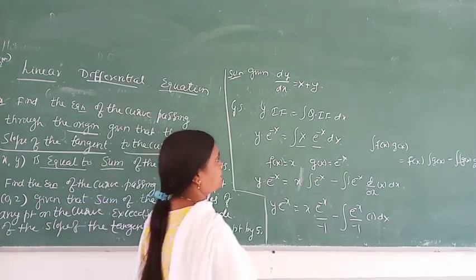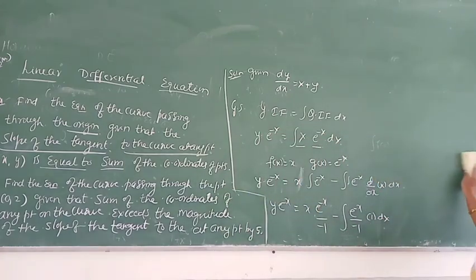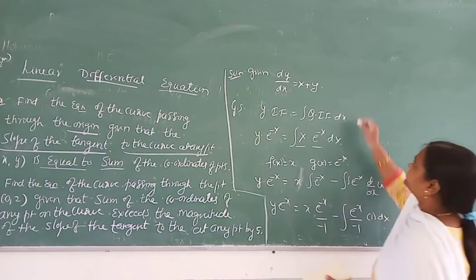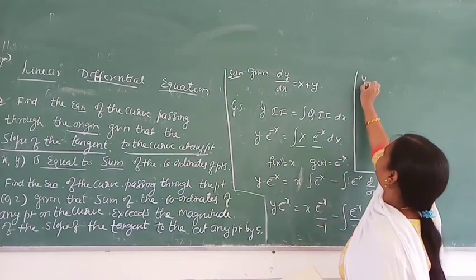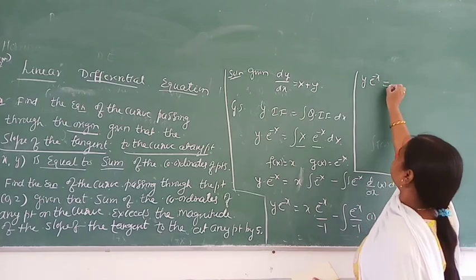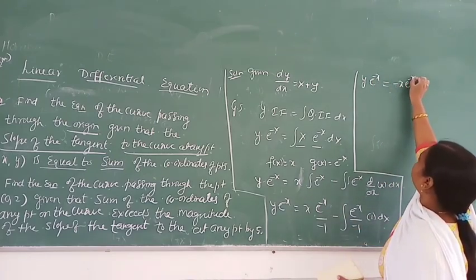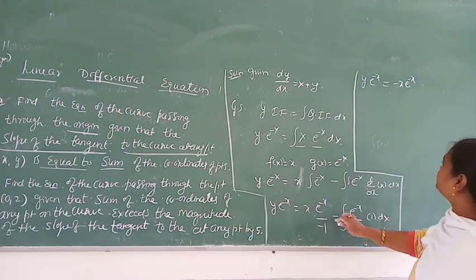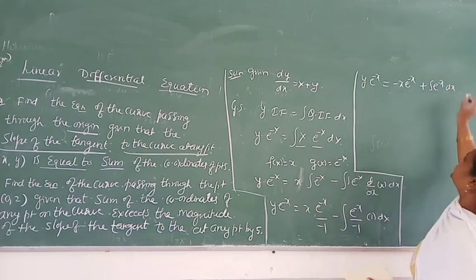And this can be written as y into e^(-x) equals minus x e^(-x), and minus into minus becomes plus the integration of e^(-x) dx.